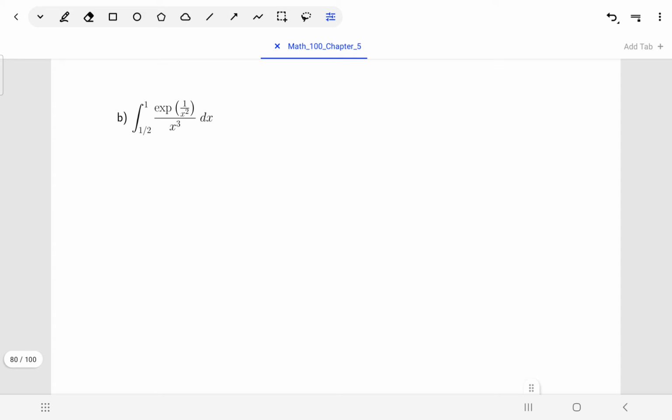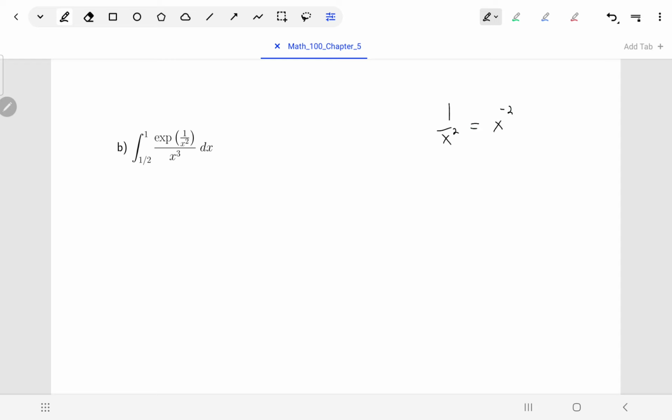So I'm taking a look at this, and I see this 1 over x squared, and I also see this x cubed in the denominator. And I'm thinking to myself, I know 1 over x squared is the same thing as x to the negative 2. And for x to the negative 2, its derivative would involve x to the negative 3, which would be an x cubed in the denominator.